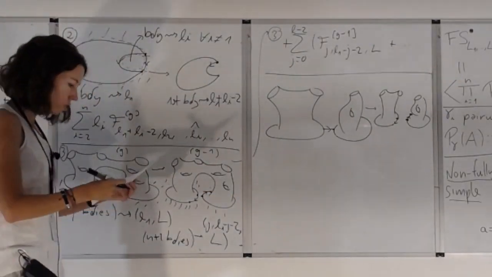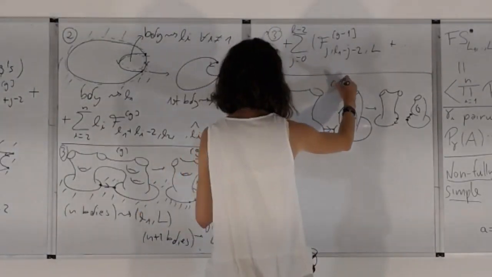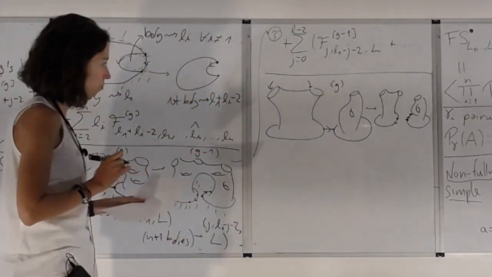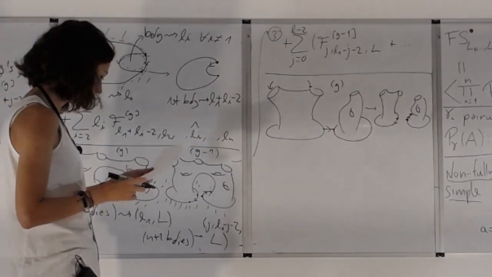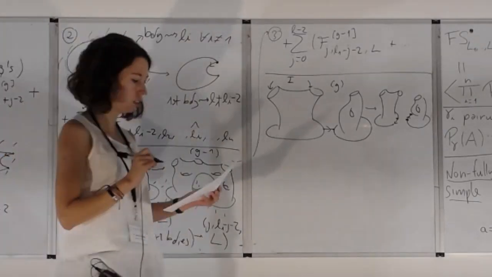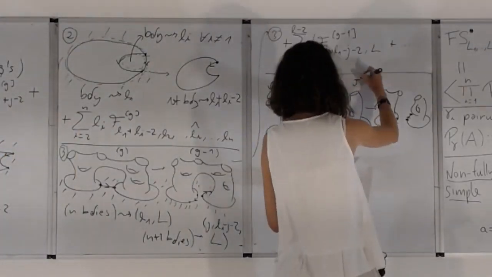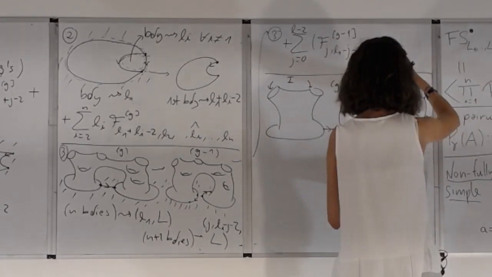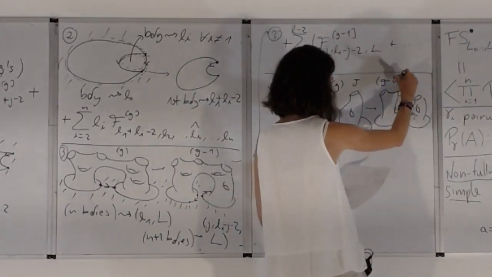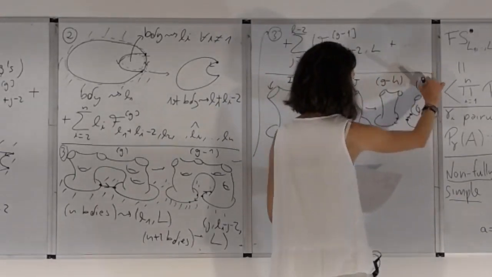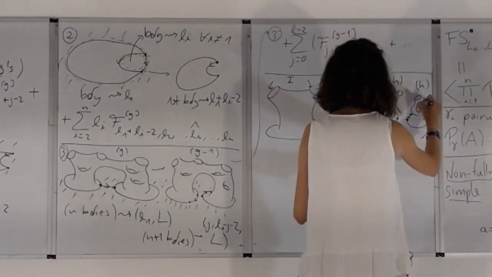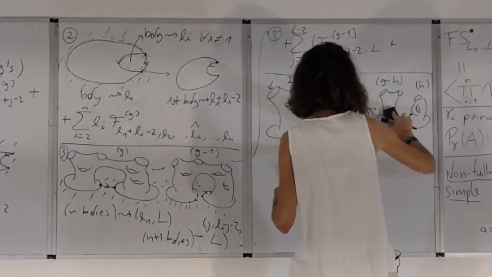Okay, so in this case we had a genus, and we had some boundaries in here, labeled by a set I, and another set here, J. And then here we will have a new thing that has genus g minus h and h. And h goes from 0 to g.